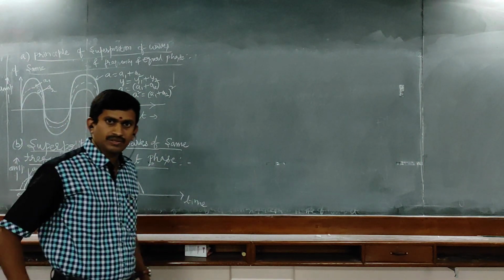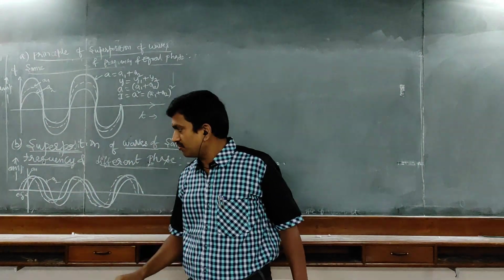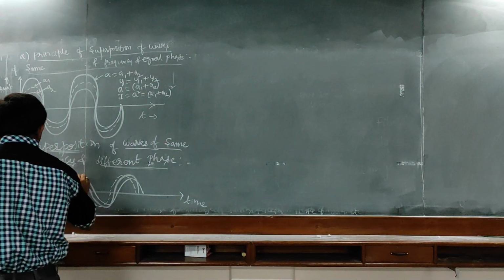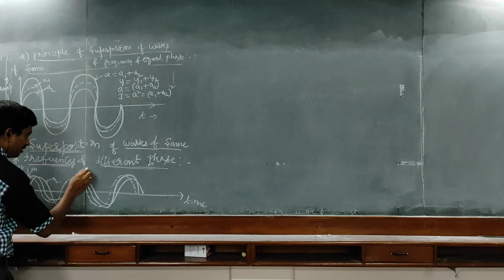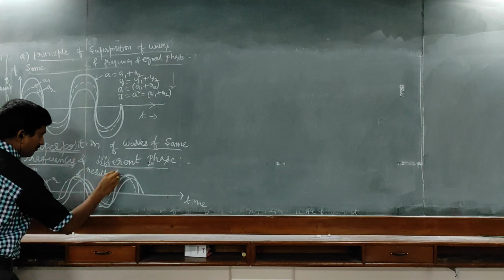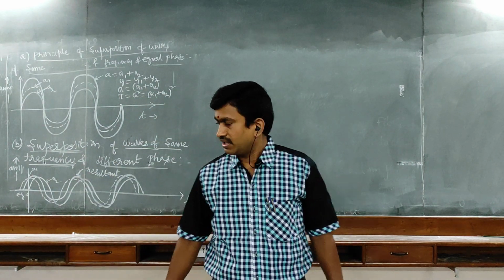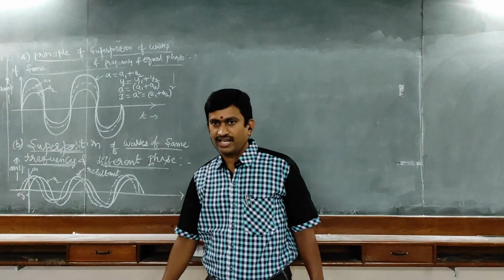In order to understand the displacement of the resultant wave, the amplitude of the resultant wave, and to derive the phase angle of the resultant wave, we have to proceed with a small mathematical expression.